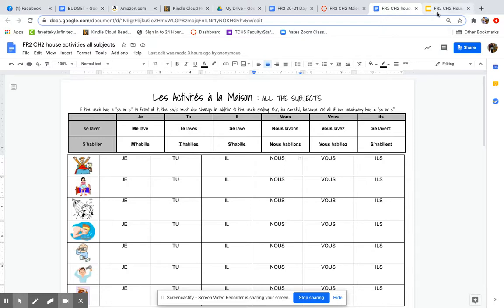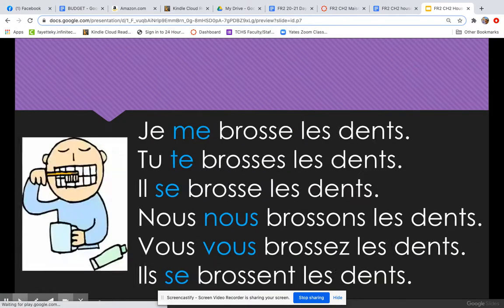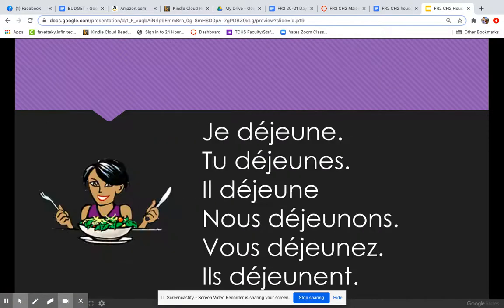What you need to make sure is that some of them do have irregular accents. Like notice on se lever, this accent on the e disappears for nous and vous. So if it's anything like that where there is an accent change, it will be highlighted in green for you, okay? So you were going through all of this PowerPoint and copying these down.